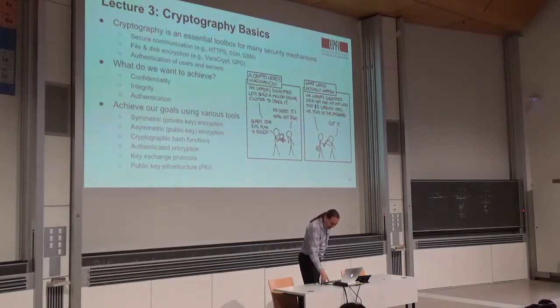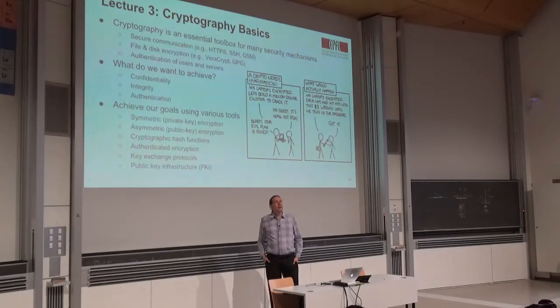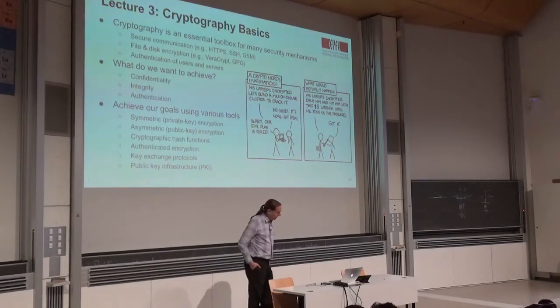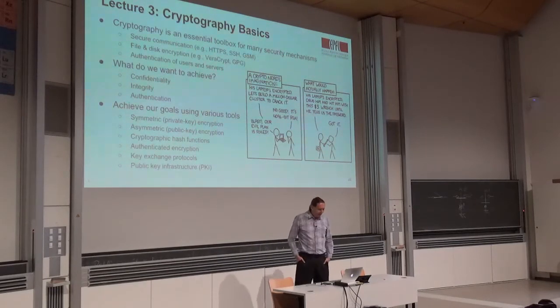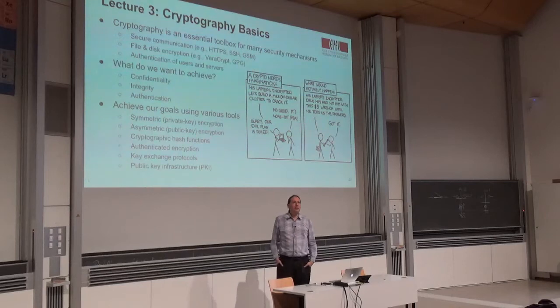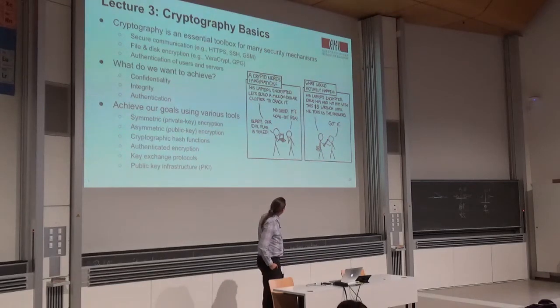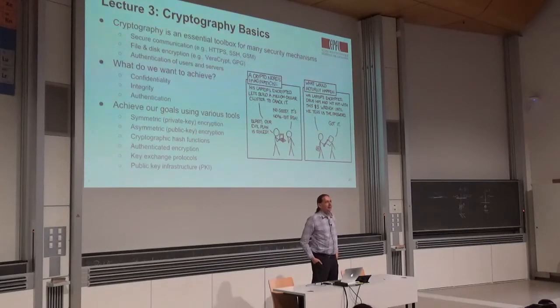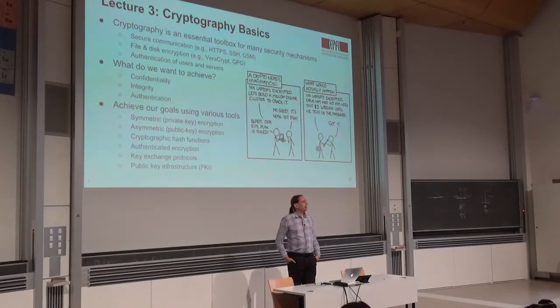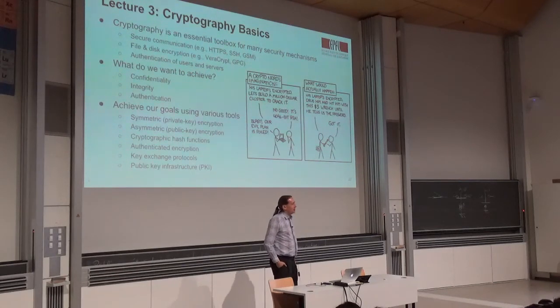So after we talk about common threats, we'll get into some of the defenses. Now, this is not going to be a cryptography course, but we have to understand some of the basics of cryptography to understand some of the later parts of the course.